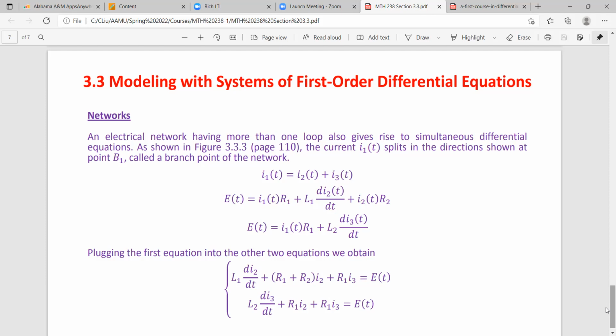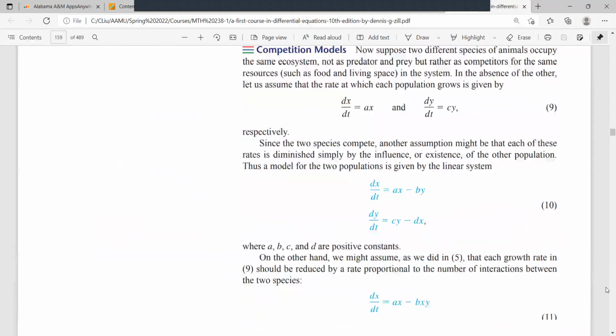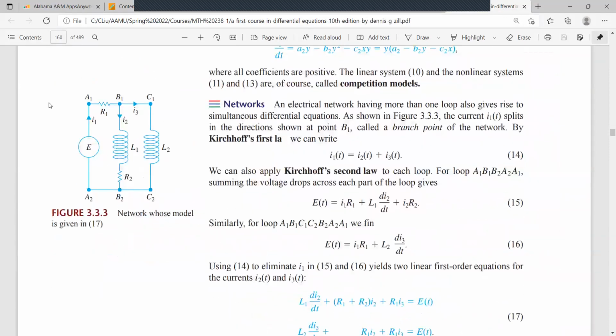This situation is shown in figure 3.3.3 in the book. So let's see what it is. This is the loop or network.